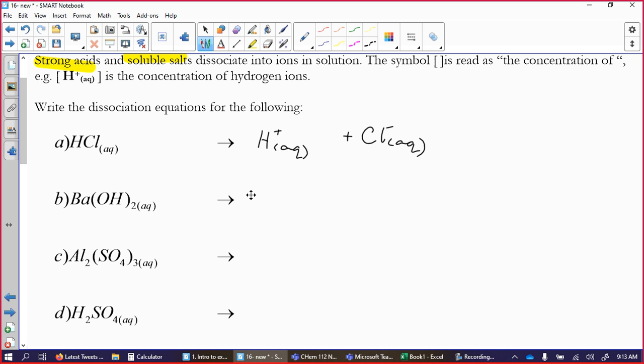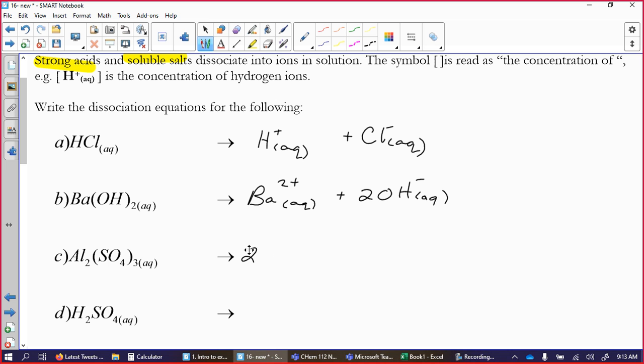Barium hydroxide is soluble, so we get barium 2 plus aqueous and 2 hydroxide ions. That's a really big bracket.